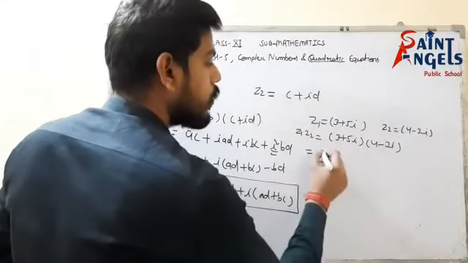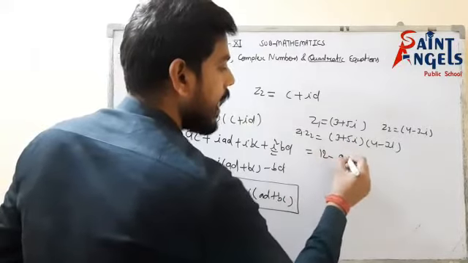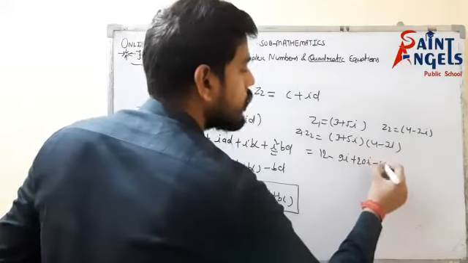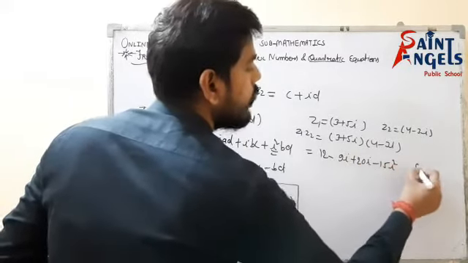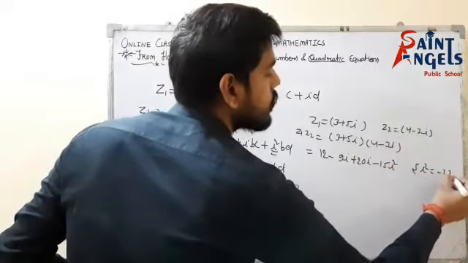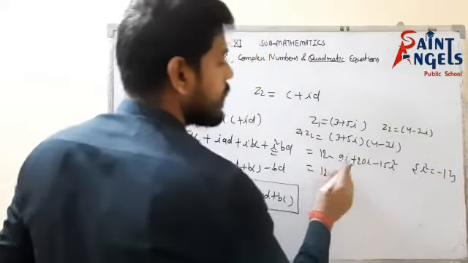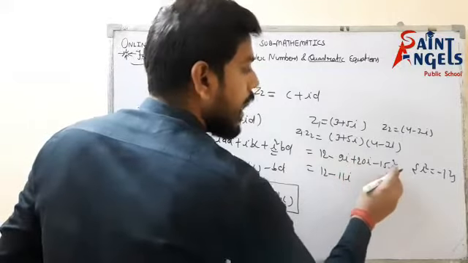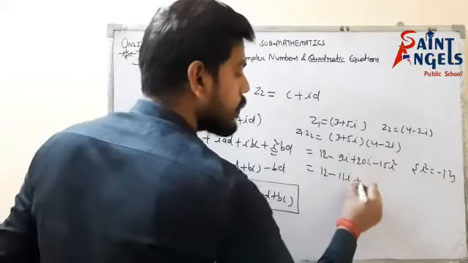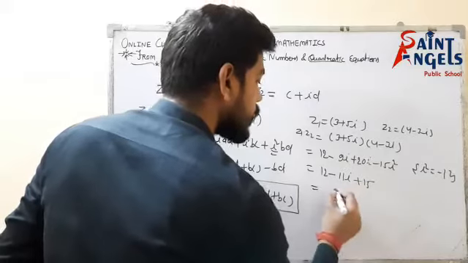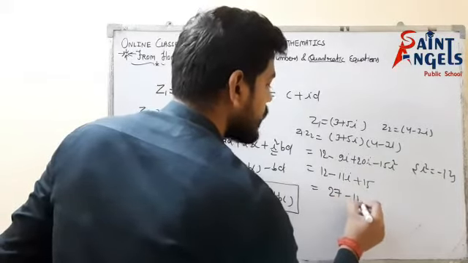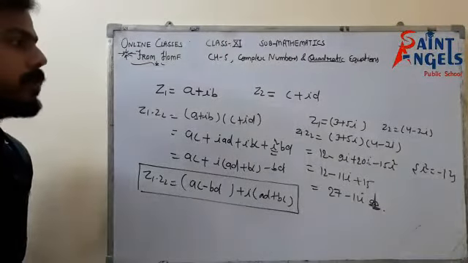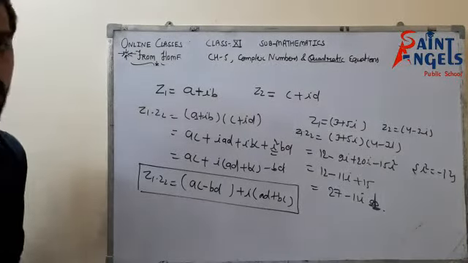That would be 3 4s are 12, minus 3 3s are 9i, plus 5 4s are 20i, and minus 15i square. And we know that i square is equal to minus 1. So that would be 12 minus 9i plus 20i, so that would be plus 11i, and i square is minus 1 so it would be plus 15. So that would be 27 plus 11i. Answer. So that is how we can multiply two complex numbers. Okay students, please pause the video and note it down.